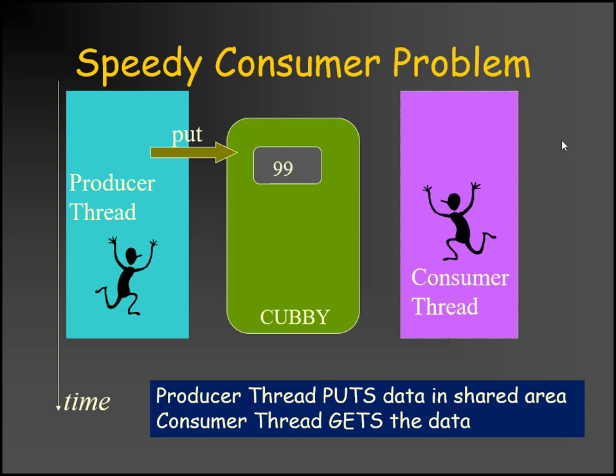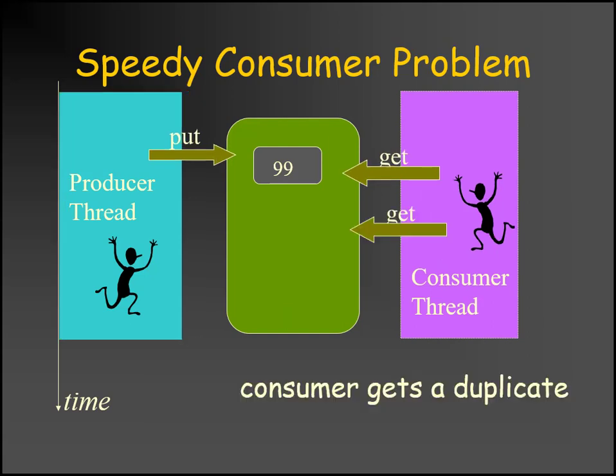Let's say they put a 99 in, and then the consumer thread gets activated, and the consumer will get that value. Well, that's perfect, but what may go wrong? Since your consumer is speedier than your producer, the consumer is going to come back and get the same value out. It's going to get duplicate values.